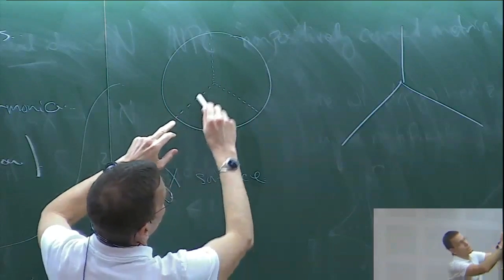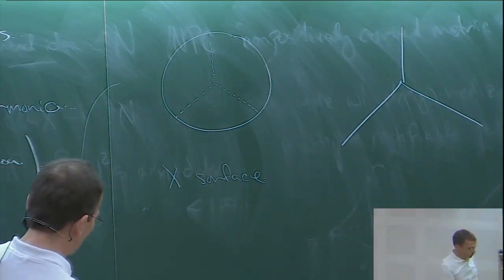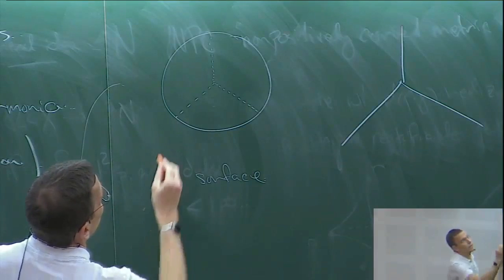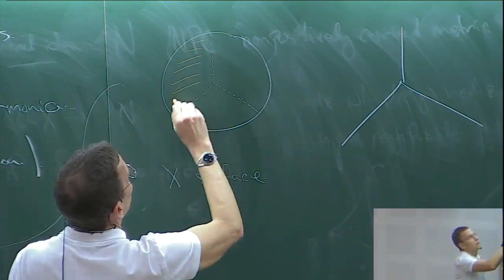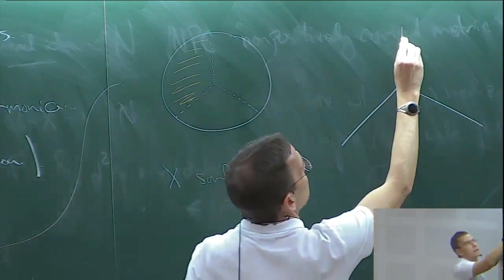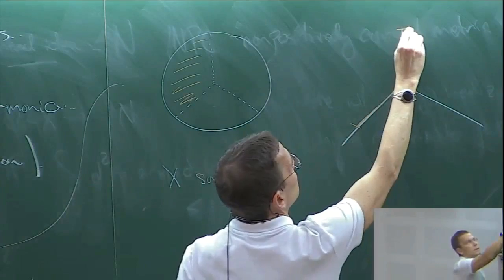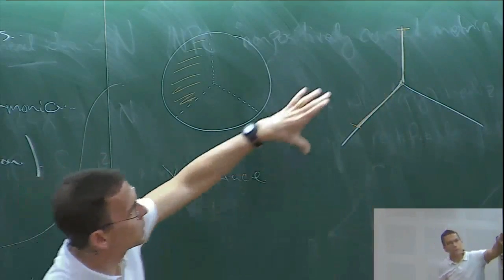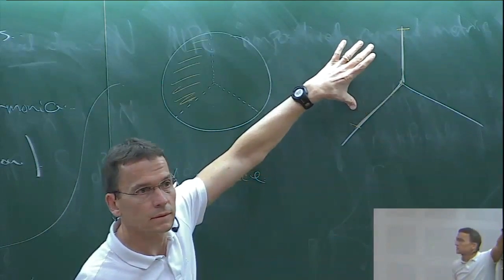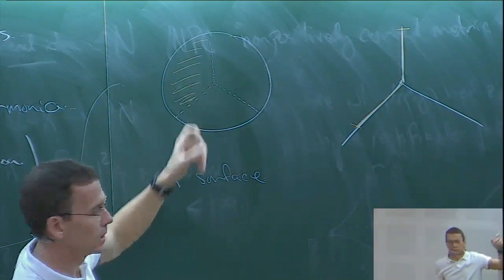I'm going to fill in in a way that's harmonic. So this portion here, where does all of that go? That's going to go onto this segment here. But that's just an interval, and so this is just an ordinary harmonic function on this piece.